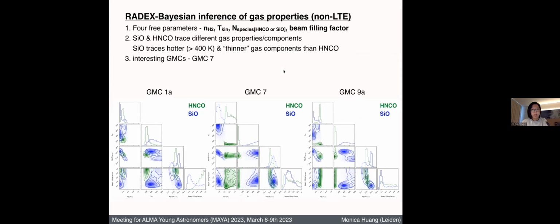On this page, I show some representative regions from our RADEX analysis. They have somewhat different gas conditions, but they are all telling a coherent story. In our Bayesian inference process, this RADEX analysis has 4 free parameters to be explored.